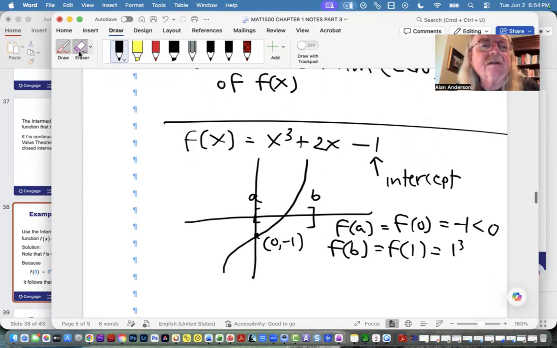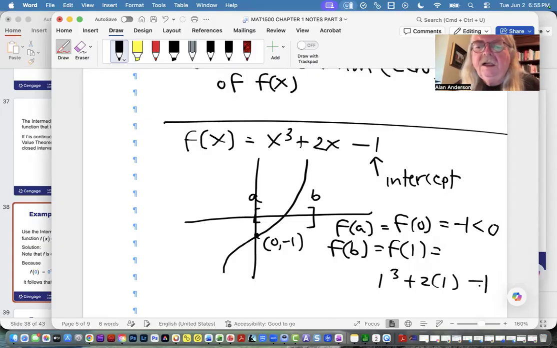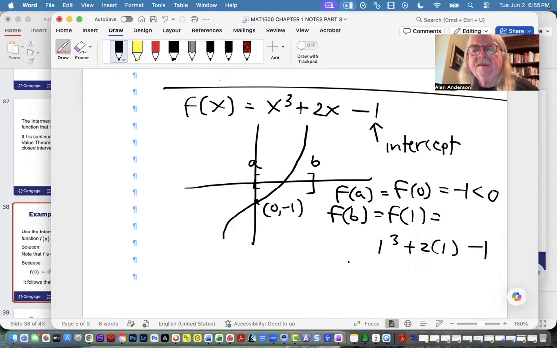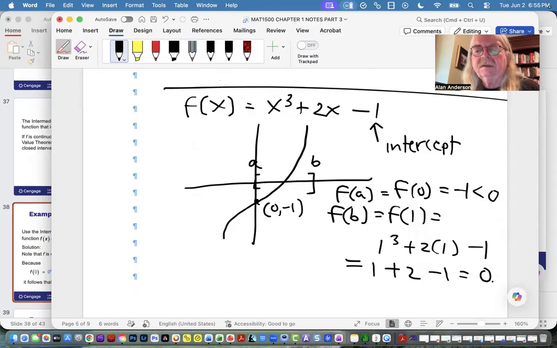Let's move this down here. And that's going to be 1 plus 2 minus 1, which is 0.